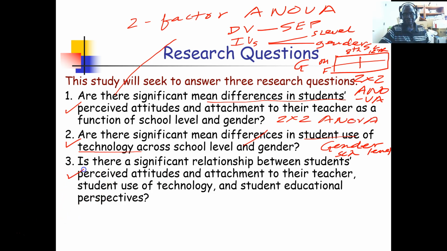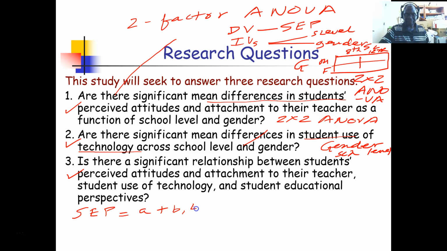And then research question number 3, we look at the relationship between student educational perspectives as a function of 4 variables or 4 predictors.